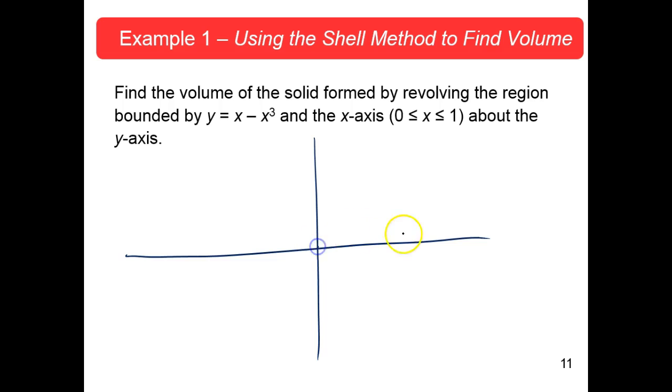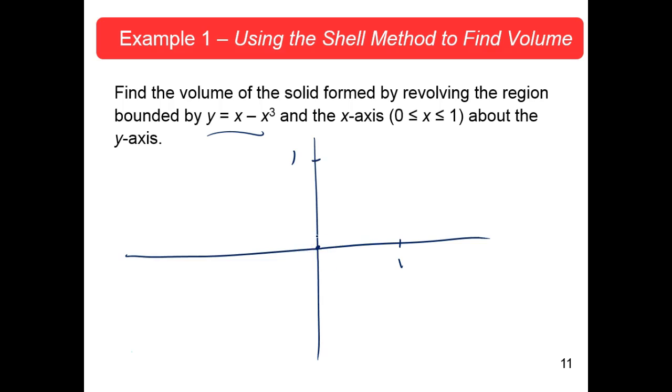So here's 0, and let's just say this is x equals 1, and we'll put y up here at 1. We're going to use the y-axis to revolve around. So what does this function look like? When x equals 0, what is it? Pretty easy to do. 0.